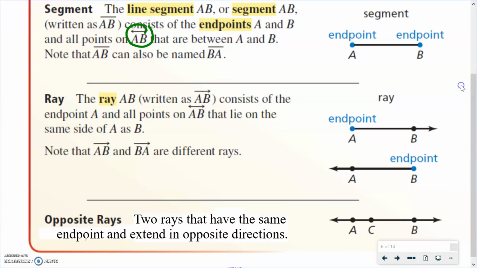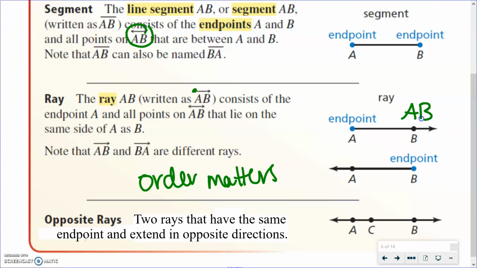And then we also talk about rays. So with rays, the order matters. Okay, I'm going to say that. Order matters on these, because if the endpoint is at A, then A has to be the part with the endpoint there. So you see there's no arrowhead right there. So this is ray AB, okay?